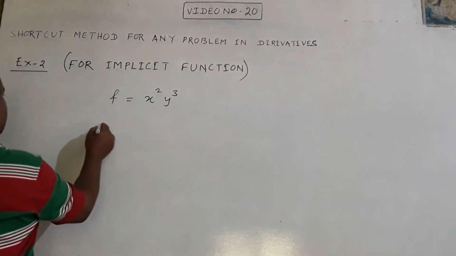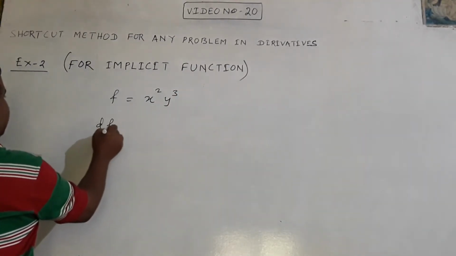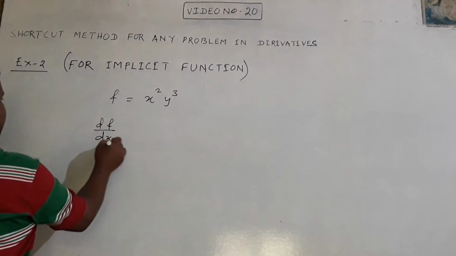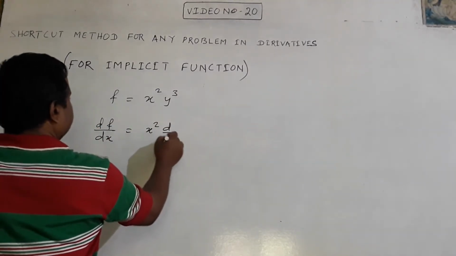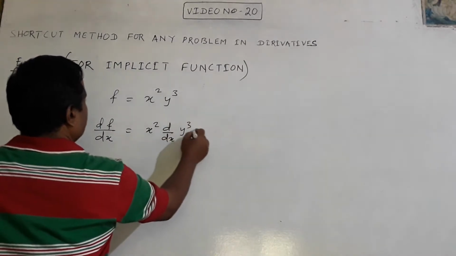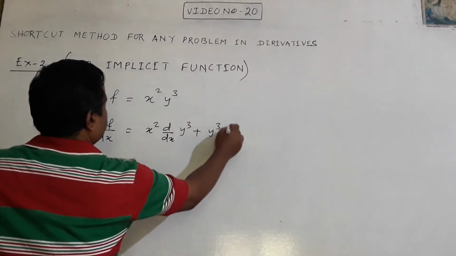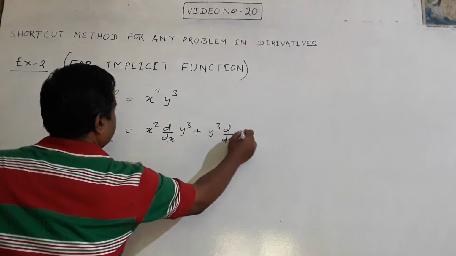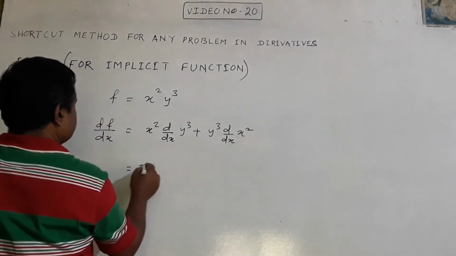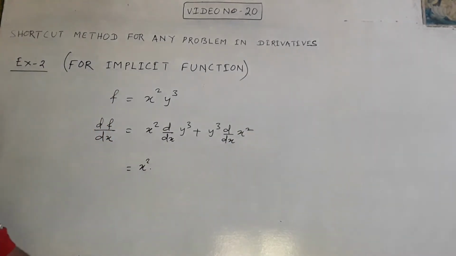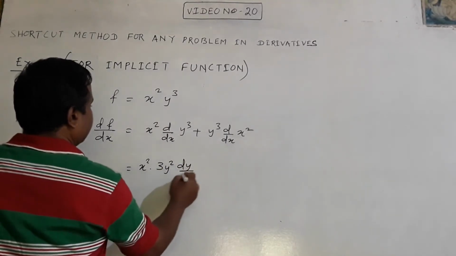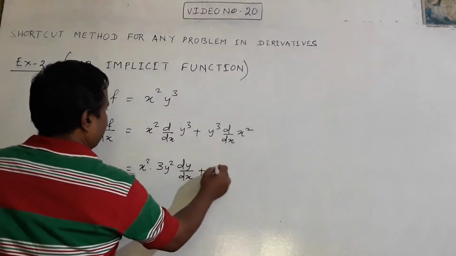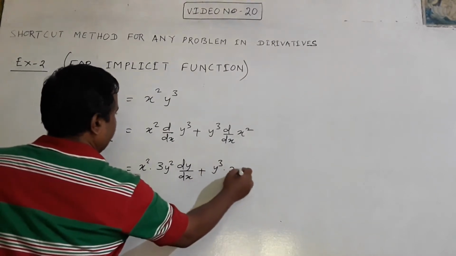Someone says find d by dx of f. Then what will you do? x square, then d by dx of y cube, plus y cube, d by dx of x square. It becomes x square, and you know the derivative of y cube is 3y square into dy by dx, plus y cube into 2x.